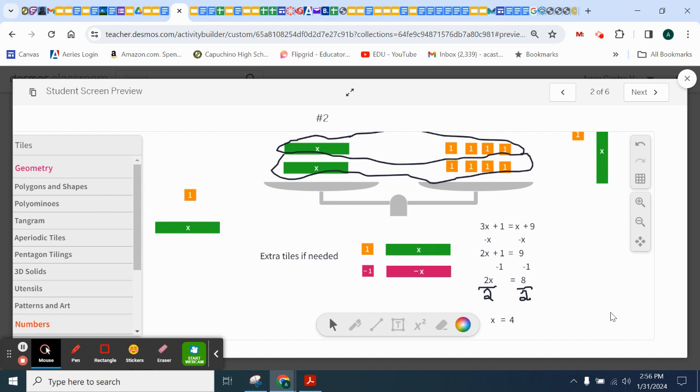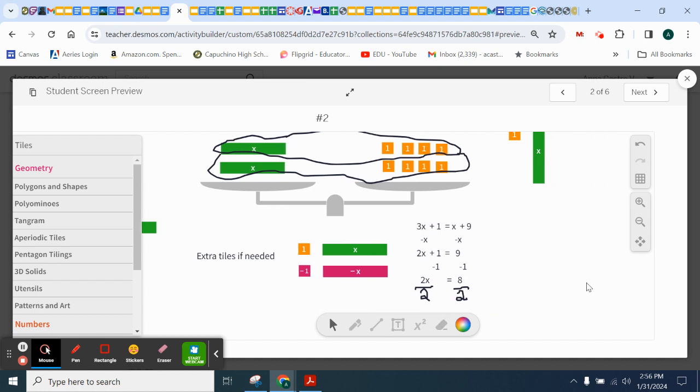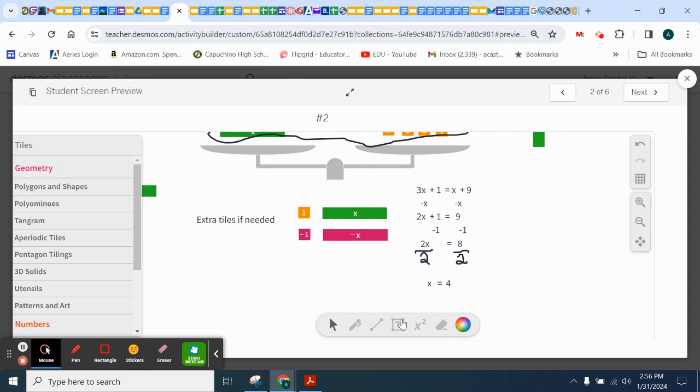So there's the algebra. So now to write it in the English, what did I just do? I'll put that in English. The first thing I did is I remove x from both sides. Then the next thing I did is I remove 1 from both sides.